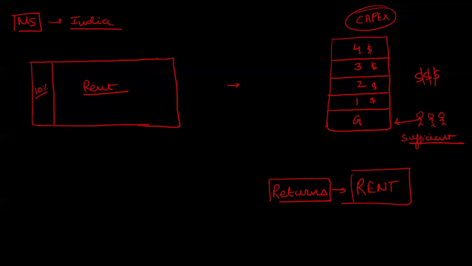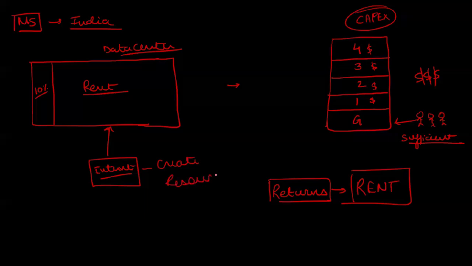Whoever wants to utilize them, we will build a portal for you, and you can access our data center over the internet, and you can create your resources here. So one company came, it took this much space of the data center. Now the company does not have to build its own data center. It can just utilize this existing data center, and all of it will be on rent.